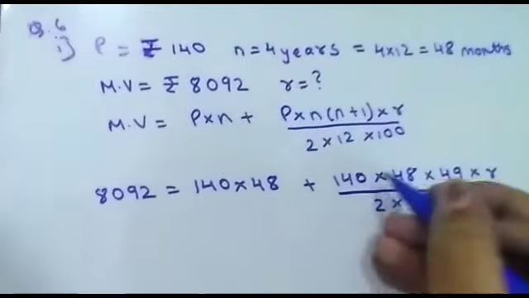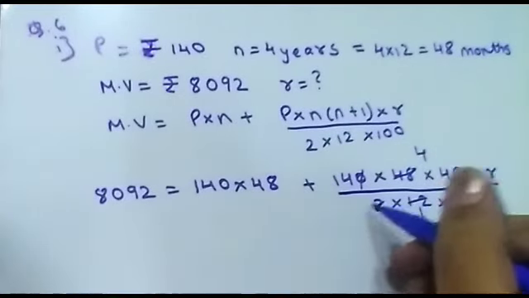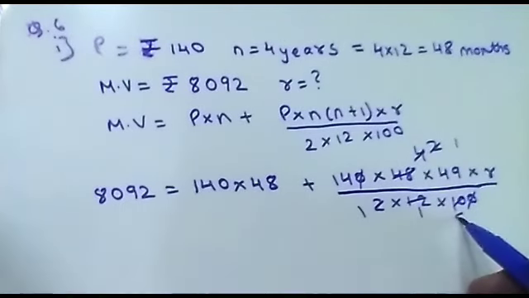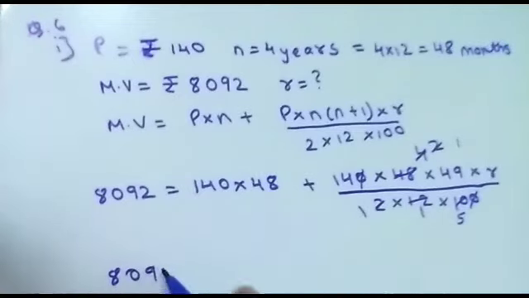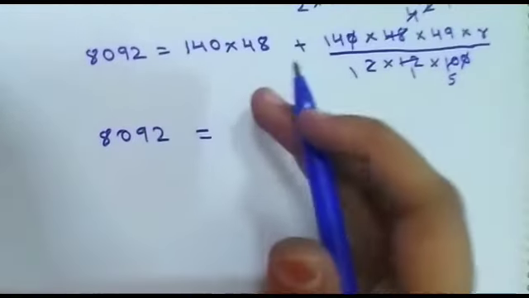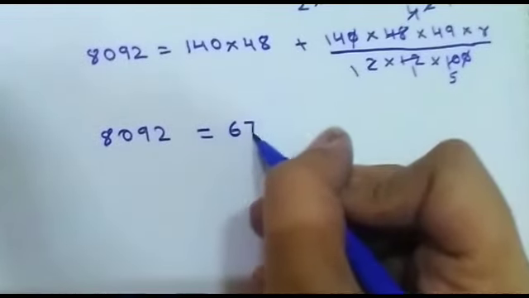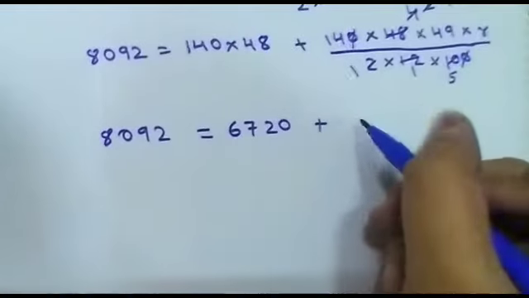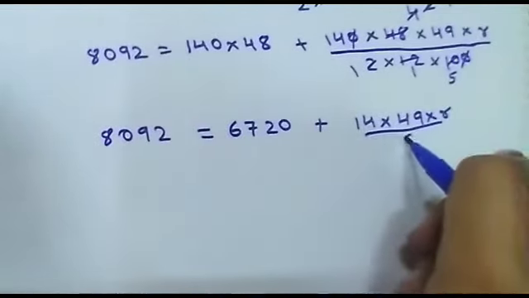So 10 cut, 10 cut, 12 ones are 4s are, 2 ones are 2s are, and here 2 ones are and 5s are. So it would be 8092 equals 140 into 48 equals 6720. Here it would be 14 into 49 into R upon 5.